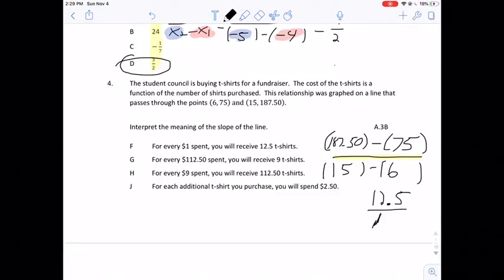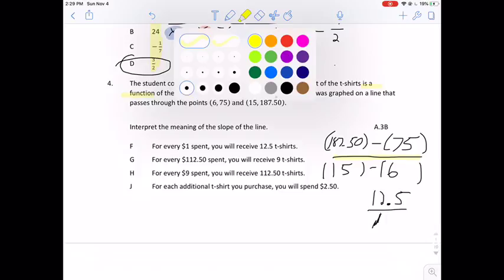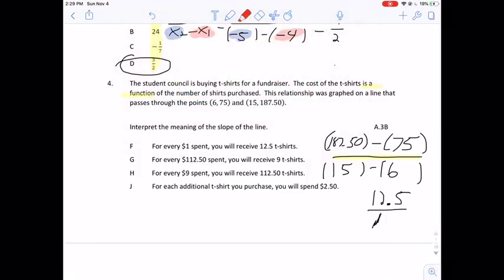How do I know that? Well, here I have a keyword that says it's a function of. A function of happens to be the equal sign, and whatever is right before a function of, the cost of t-shirts, is my y. Whatever is right after that, which is the number of shirts, is going to be my x.